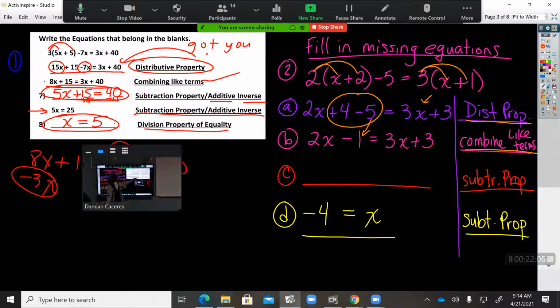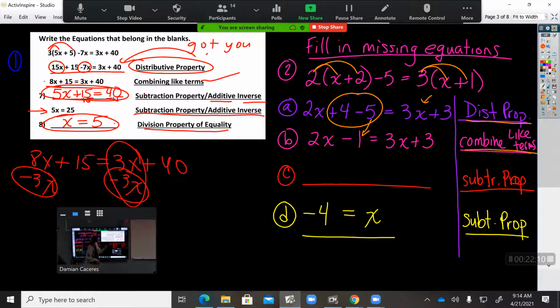Now, we're at the same spot we were over here where we were trying to get the variables to the same side. So over here, two things you can do. You can move the 3x to this side or move the 2x to the other side. Now, because I teach it in this way, I'm going to do it this way. Move the smaller one. So subtract 2x from both sides, and that leaves you with negative 1 equals x plus 3.